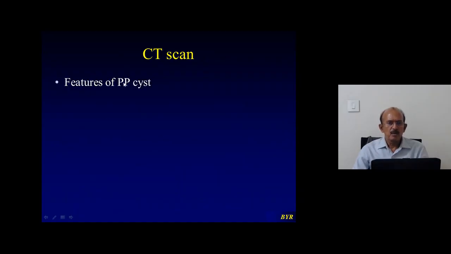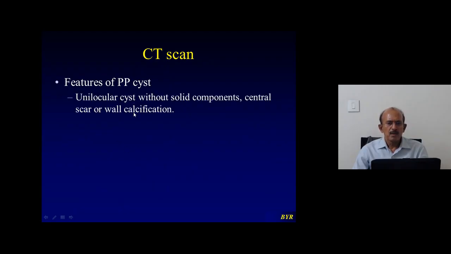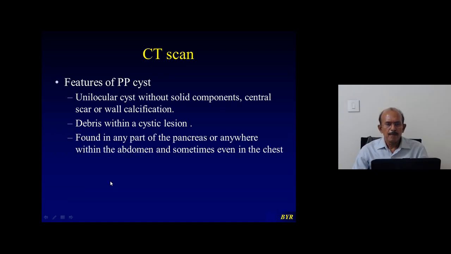On CT scan, what are the features of a pseudopancreatic cyst? A unilocular cyst without solid component, without central scar, or without any calcifications in the wall. There may be slight debris within the cystic lesion. It may be found in any part of the pancreas or anywhere within the abdomen, and sometimes even in the chest.